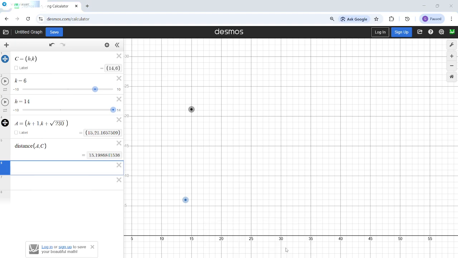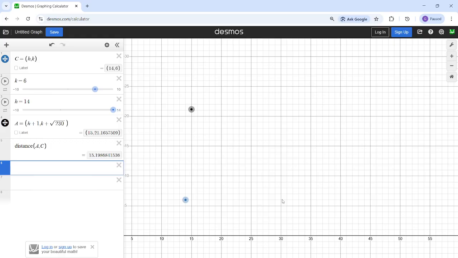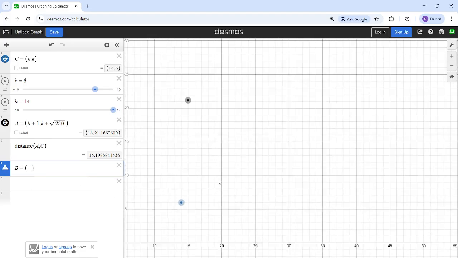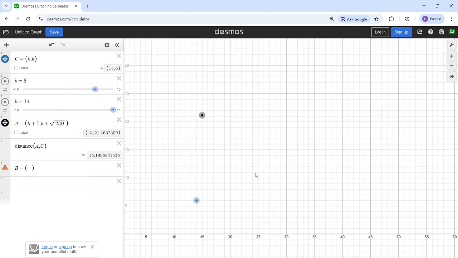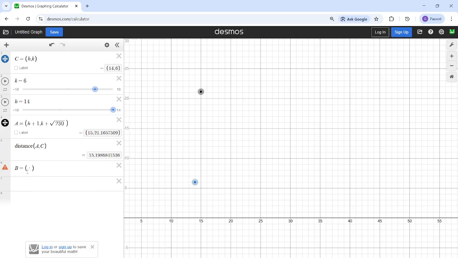So, we are asked to find the length of AB. Let's say point B is just a random number, right? Point B is 25, 7. Yeah, 25, 7.